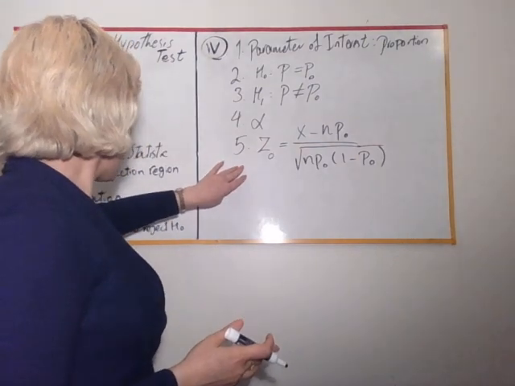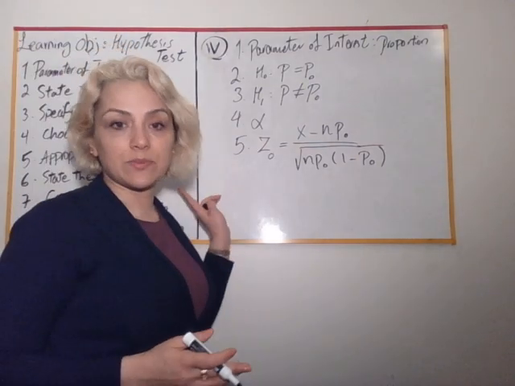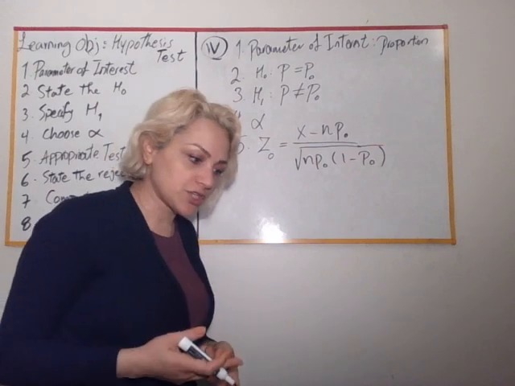So we have step number 5. Step number 6 was to state the rejection region.